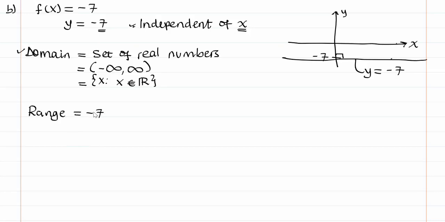It will not change because it is not affected by changing the value of x along the x-axis. It is always -7. In the Euler format, our range y is a set for which the only member is the value of y, which is -7.